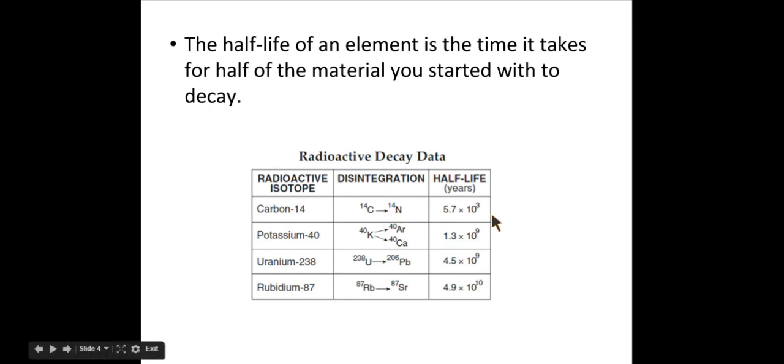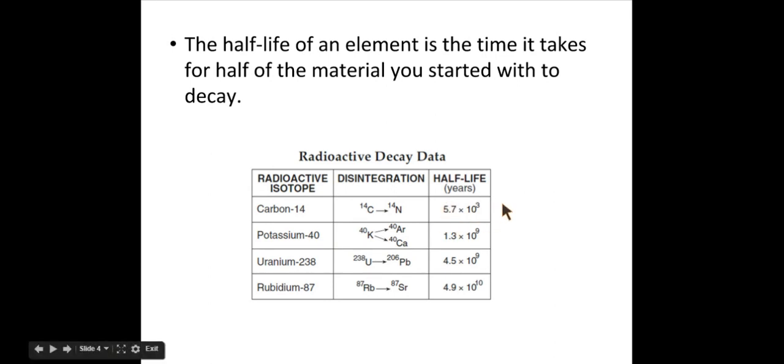So an example, if I had 20 grams of carbon-14 in a sample, after 5,700 years goes by, I would have 10 grams of carbon-14 and 10 grams of nitrogen-14, because half of the carbon would have changed into nitrogen in this amount of time.